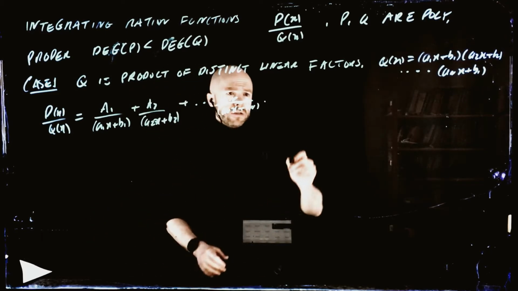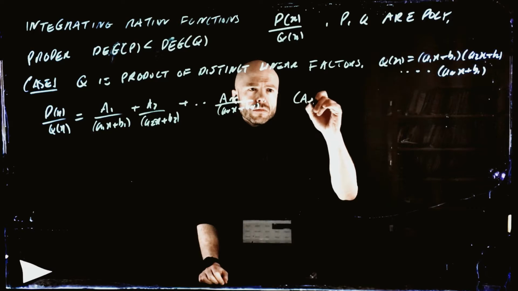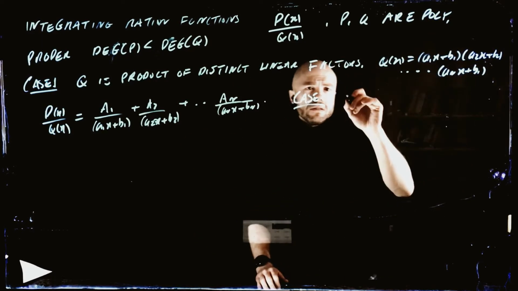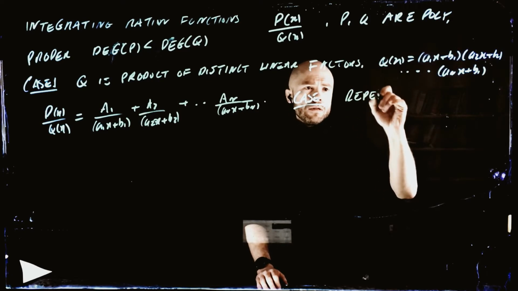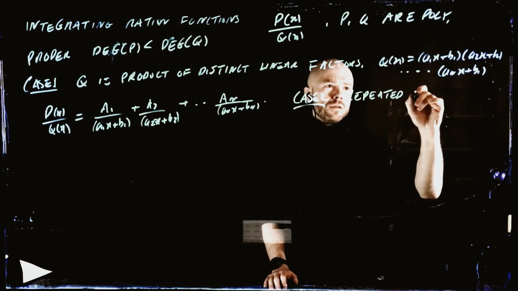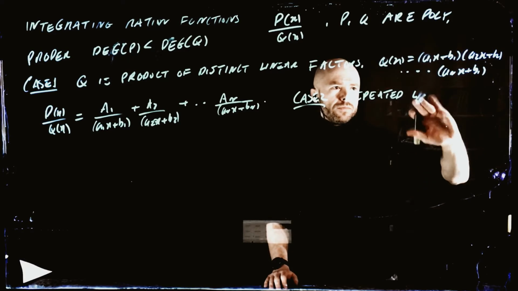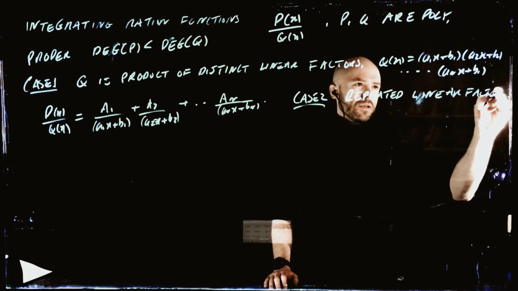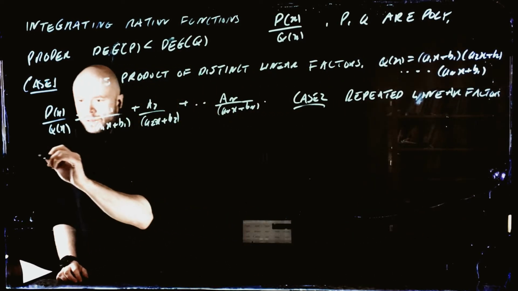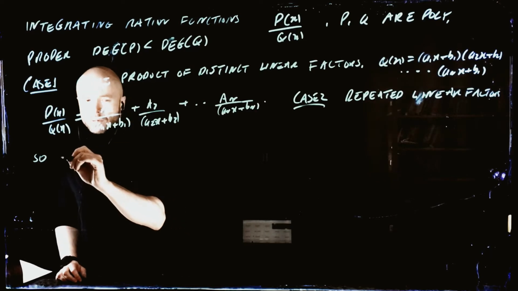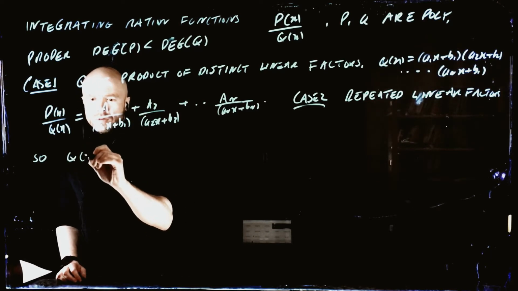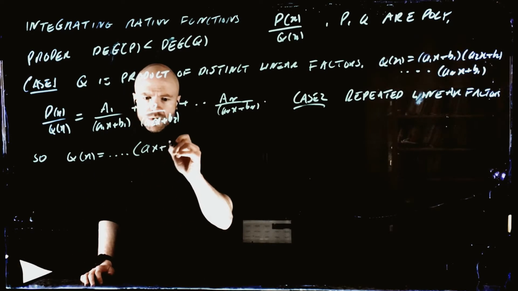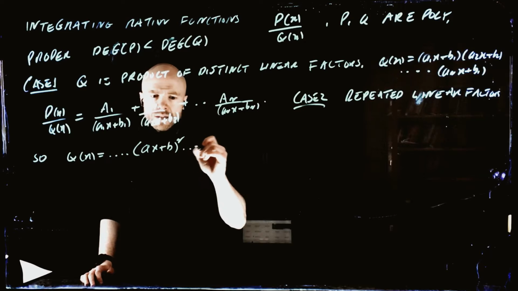So case 2 is when we have repeated linear factors. Okay, so we have something of the form q of x is equal to some stuff, but then there is, say, this (ax plus b) to some power, let's say r, and then some other stuff.